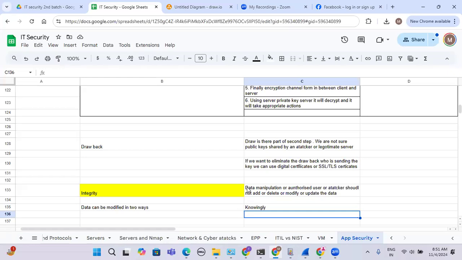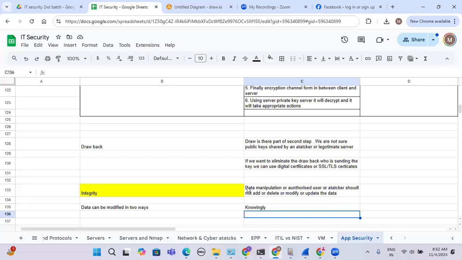But because we are already using file permissions in OneDrive or Google Drive or the file server, he cannot access them. Otherwise, if he gets access, obviously he can change, modify, or delete the data also. So that is one example.